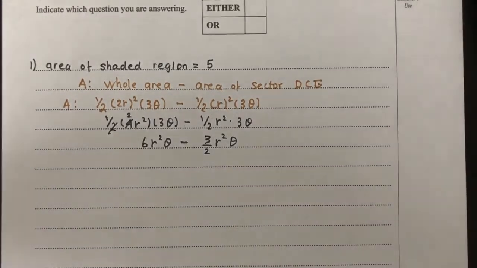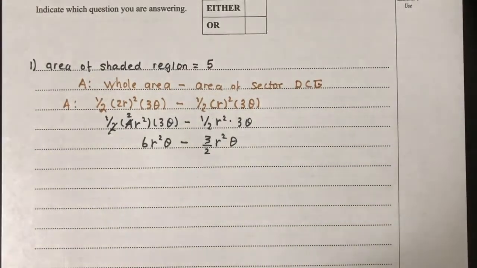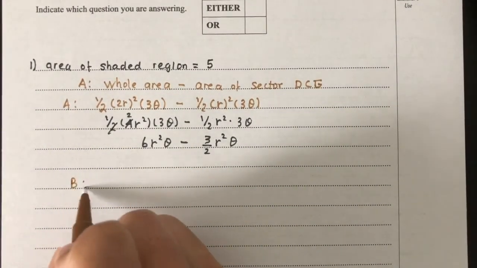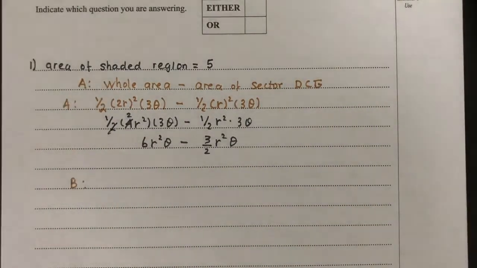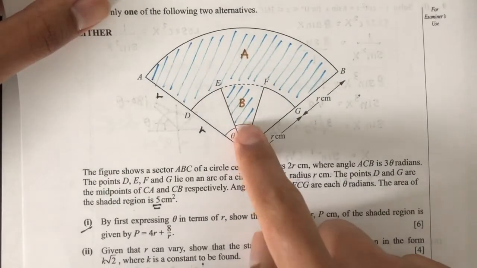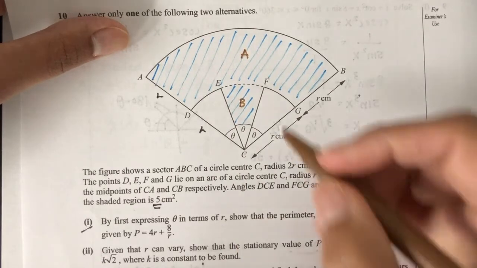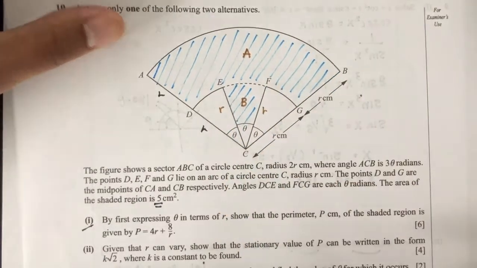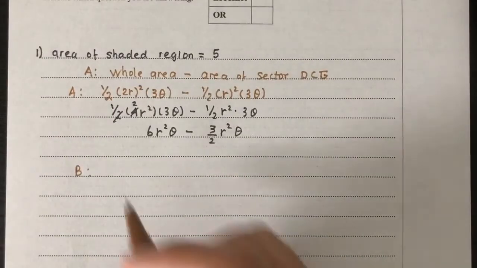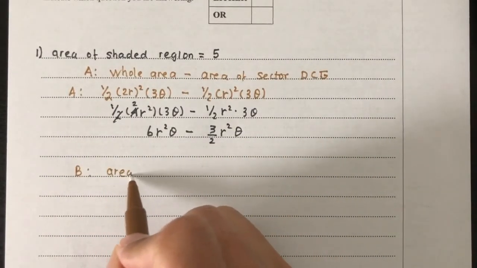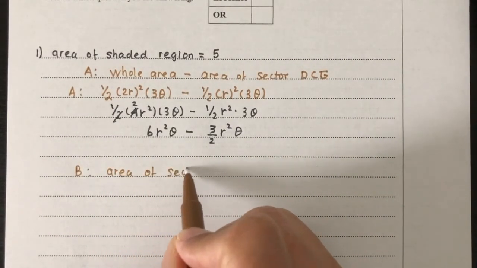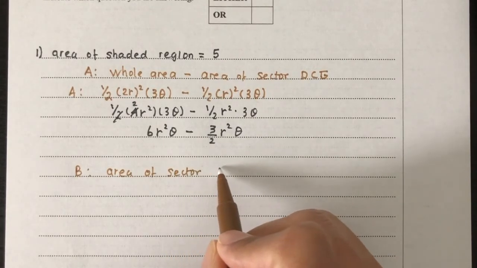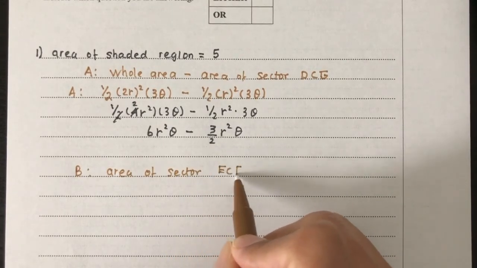Now let's move on to find the area of B. How would you find the area of B? Observe, we know this is the radius R, and this is the angle theta, so pretty easy. B is simply the area of sector ECF.